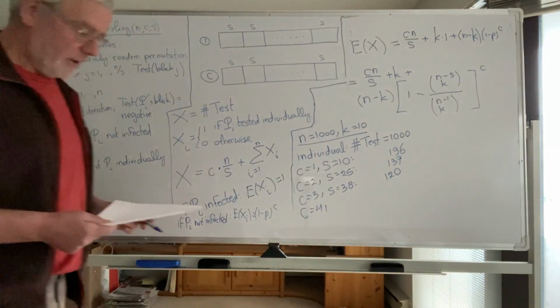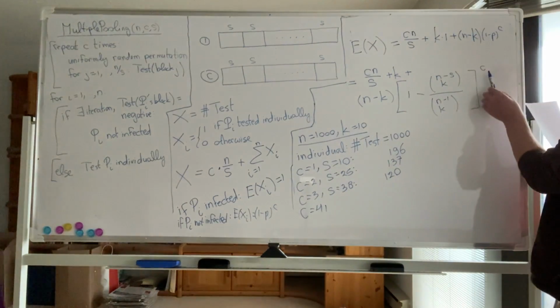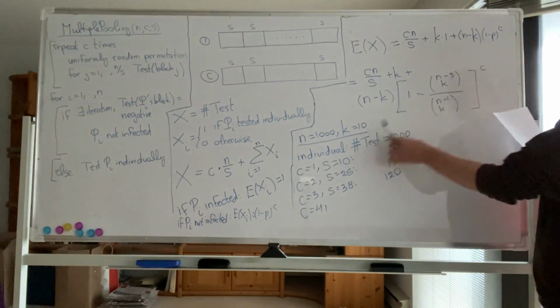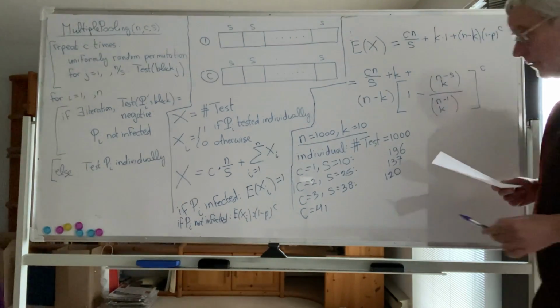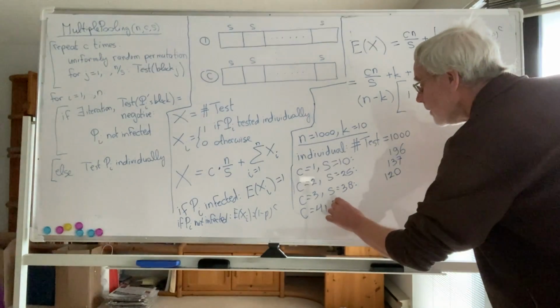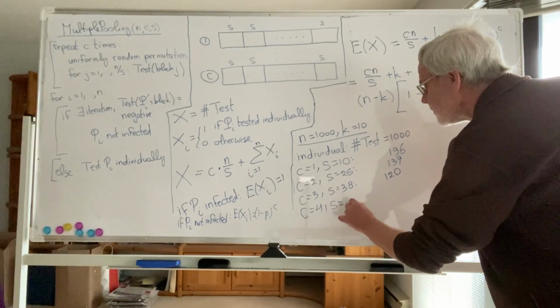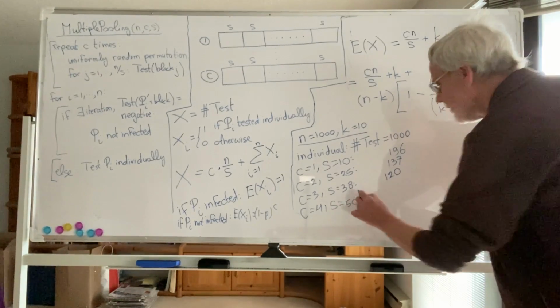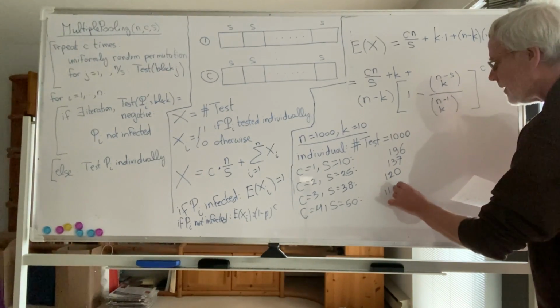And if C is equal to 4, you plug in n, k, and C. Wolfram draws this graph as a function of S. And you look at this graph, and then you see when S equals 50, so we have a block size of 50, then the expected number here becomes something like 150.